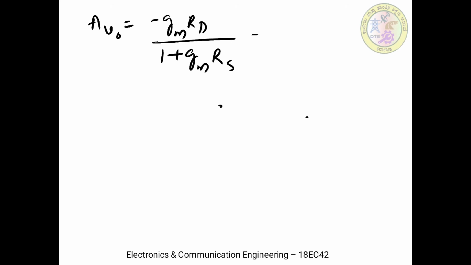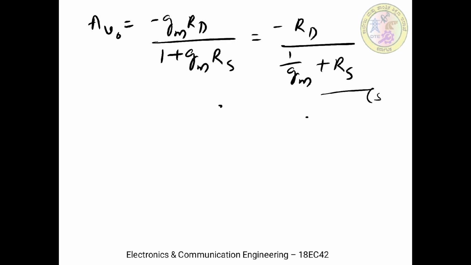Or this can also be represented as minus Rd by 1 by Gm plus Rs. Call it equation 5. So this is the expression for open circuit voltage gain in case of common source amplifier with source resistance.